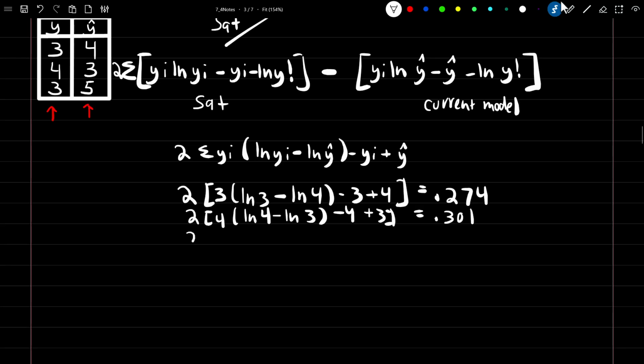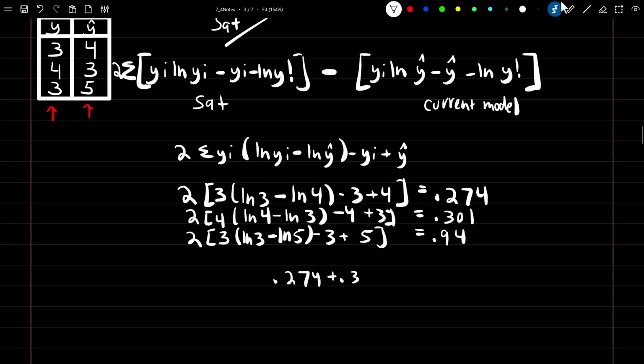And then for our third observation, we'd get 2 times 3 times the log of 3 minus the log of 5, minus 3 plus 5. And this will give a value of 0.94. Now if we sum up these three values, 0.274 plus 0.301 plus 0.94, we'll get a deviance of 1.515.